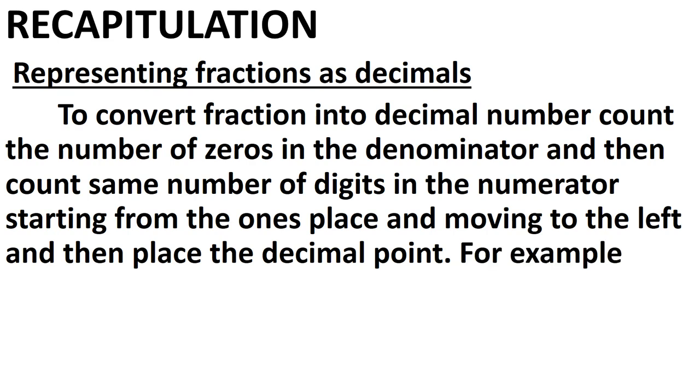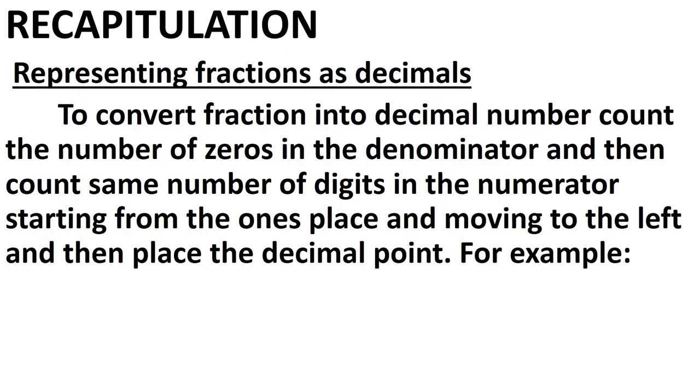Okay, what we will do, we count the number of zeros in the denominator and then we count the same number of digits in the numerator starting from the ones place, and then we move towards the left side and place the decimal point accordingly.